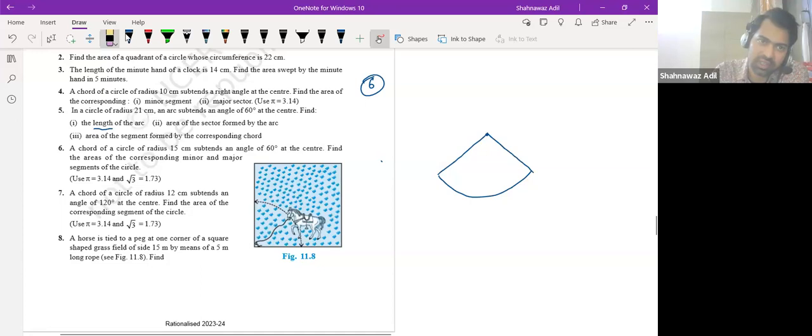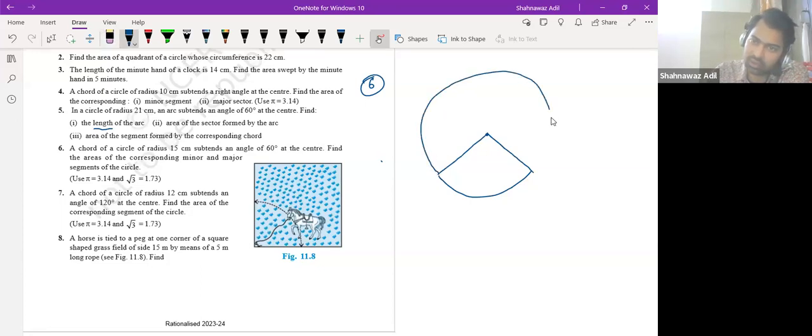Because this is the center. This is the chord. This is 60 degree, and this is 15 centimeters.